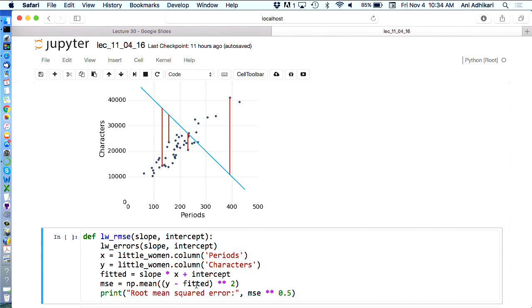When you take y minus the fitted values, what have you got thus far? You've got an error, some of which is an array. Some of the entries are positive and some are negative. You then square each element of that array. So now you have an array of squares. You take the mean of that array of squares, and you've got the mean squared error.